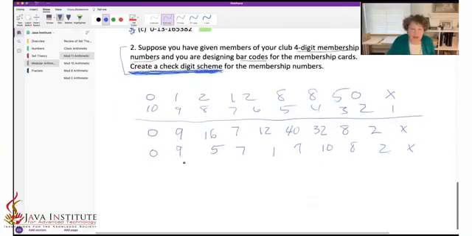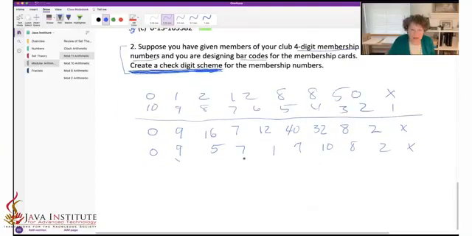Okay, and I'm going to add these. I'm just going to do 2 at a time, make my life easy. Eight and 3 is 11, so that's 0.